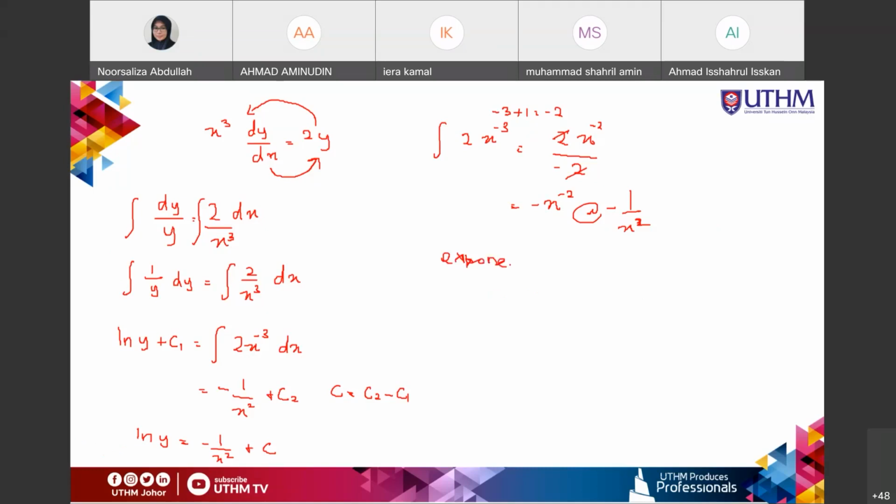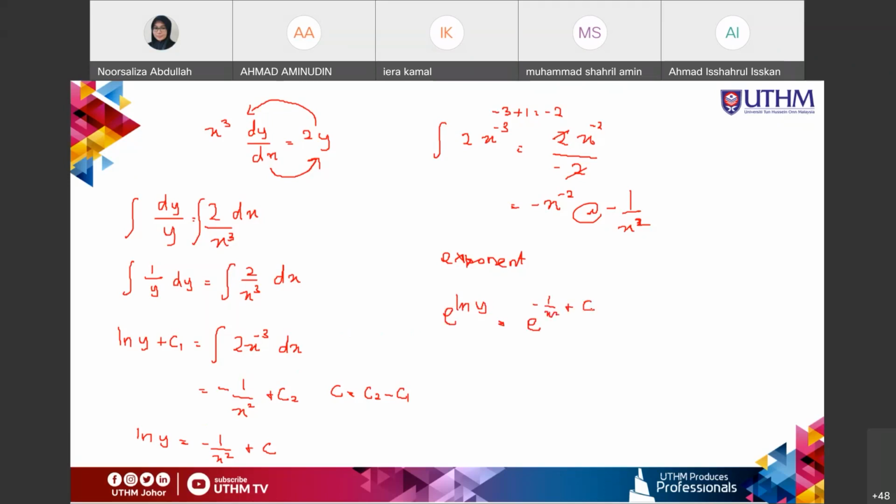You exponent both sides. Dua-dua ni you exponentkan. So you have here e ln y equals to e minus 1 per x kuasa 2 plus c.